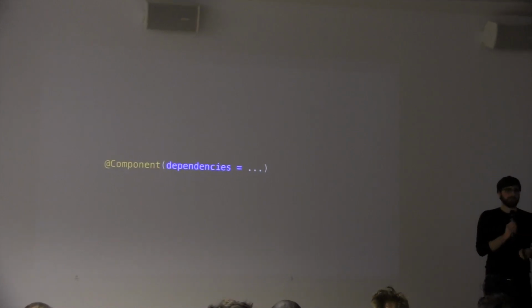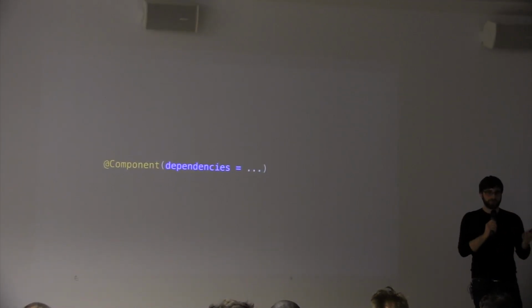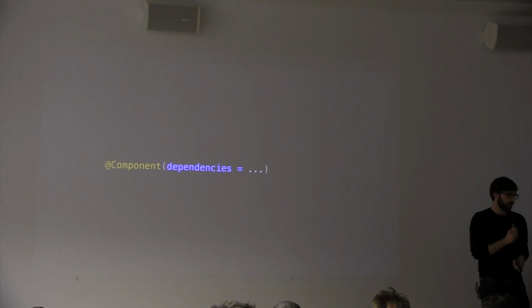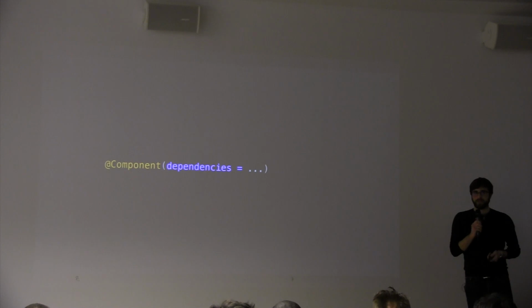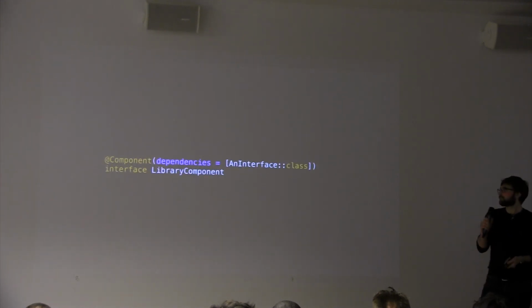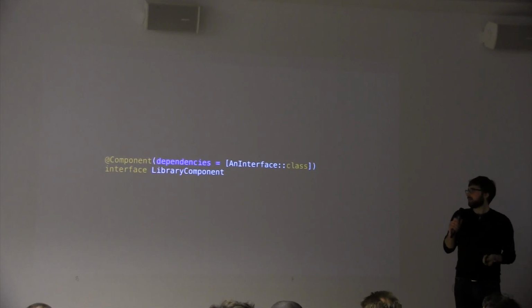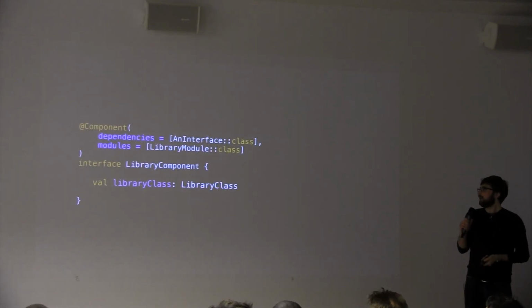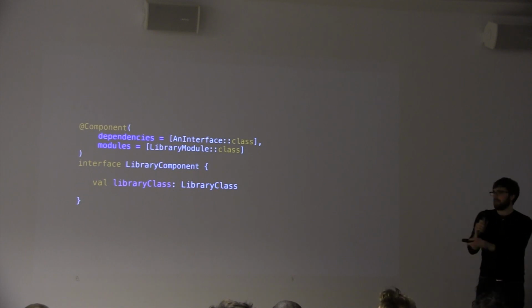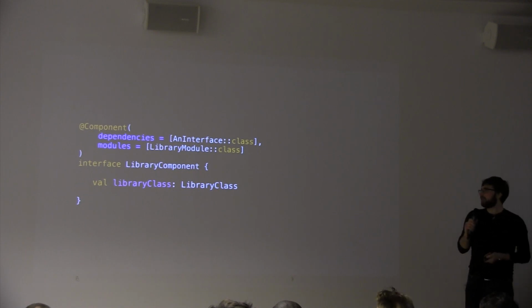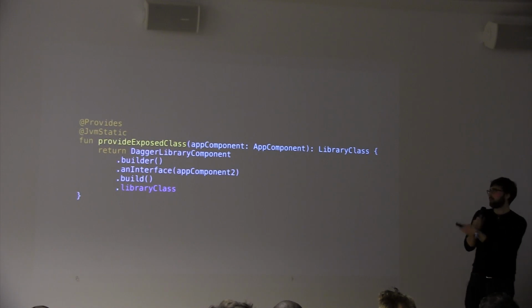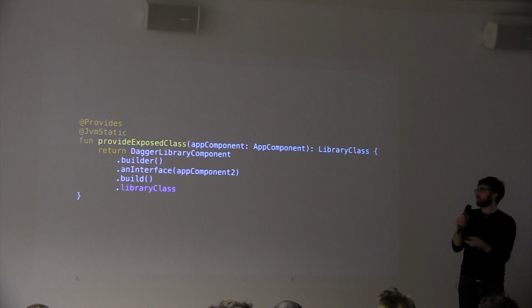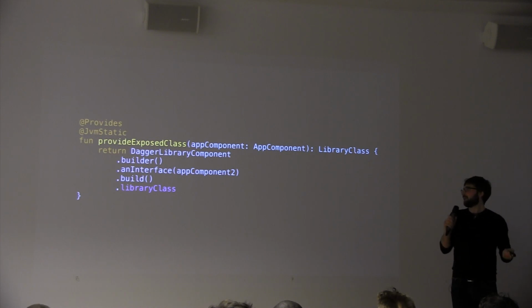Subcomponents aren't the only way of composing scopes in Dagger. Since the beginning, and actually before I think they had subcomponents, you have component dependencies. And so you could make a whole component for your library and just expose the classes that you actually need to expose through this component. And there's nothing stopping you from doing this. In your app, you could have a provides method that just builds that whole component and exposes the library class.